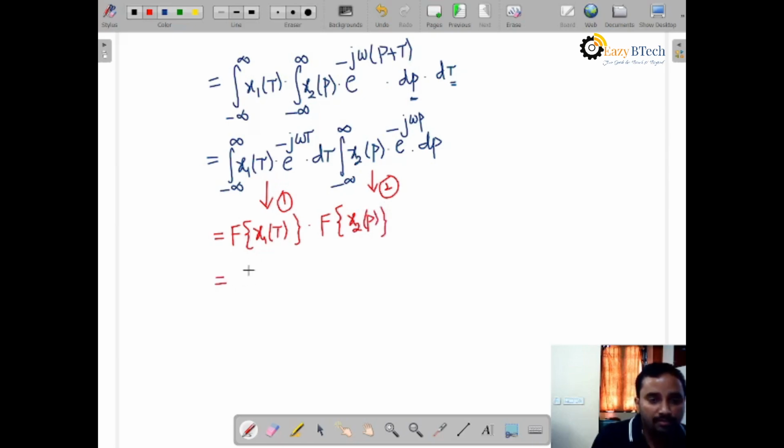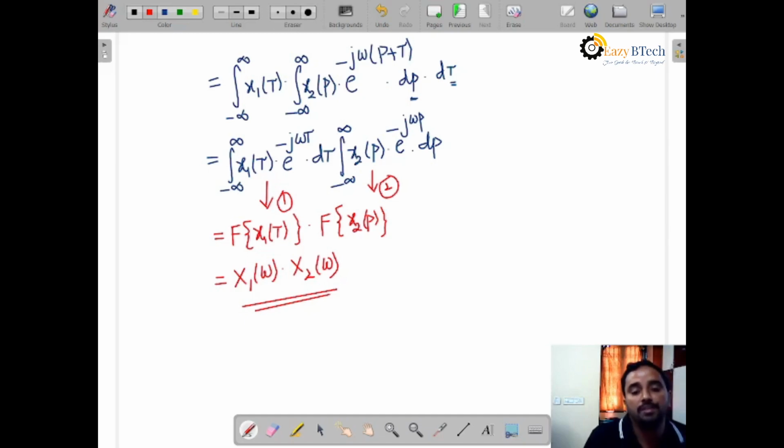So how can we write it? X1 of omega into x2 of omega. So this is the proof. So convolution in time domain is multiplication in frequency domain. That is the point in this property. Convolution in time domain is equal to multiplication in frequency domain.